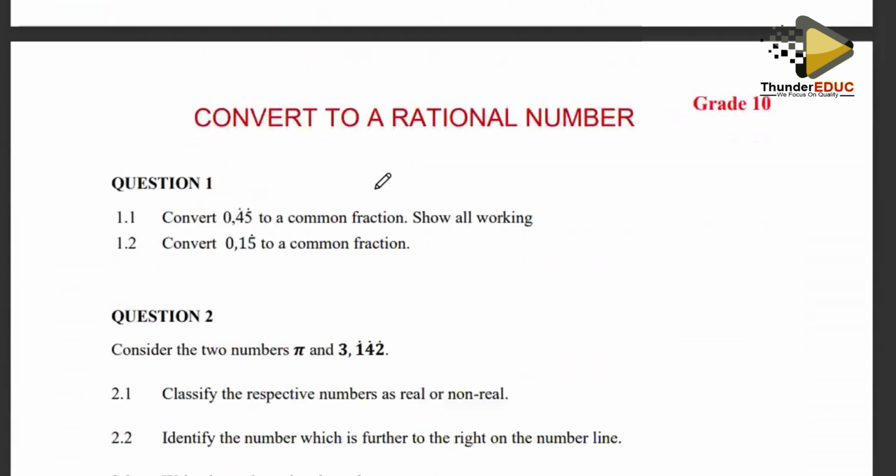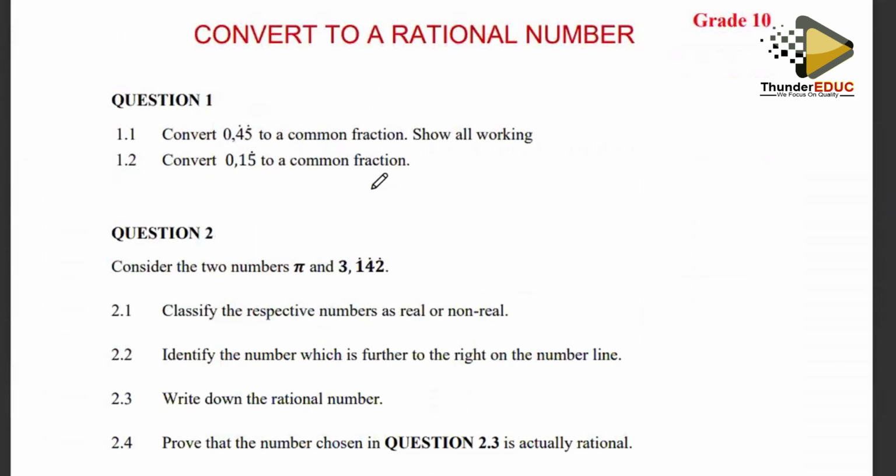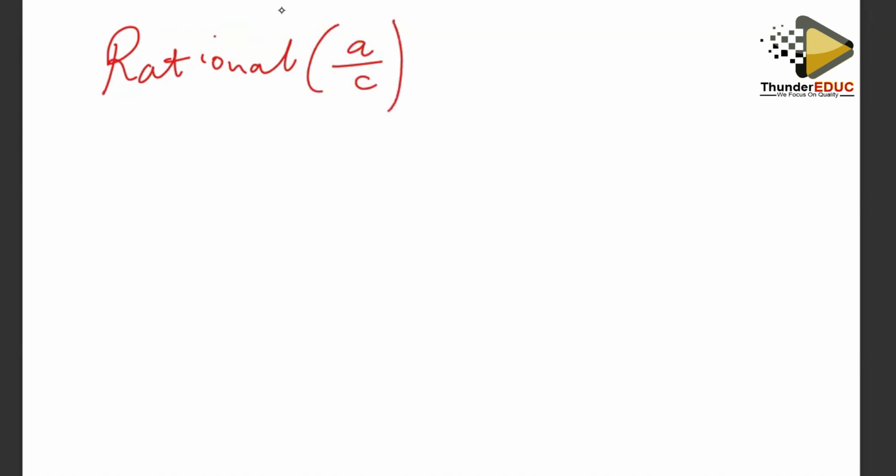Okay, let's move on. How do we convert to a rational number? Now, from our previous discussion, we looked at the different types of rational numbers. We said these rational numbers are basically numbers that can be written in the form of A over C or A over B, where A and C are integers. Okay, but C should never be a 0, because if it's a 0, then the whole thing will be undefined.